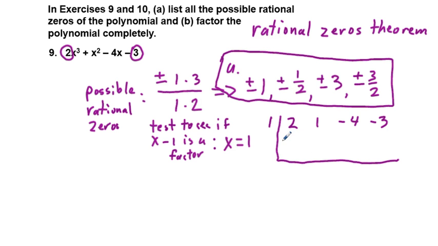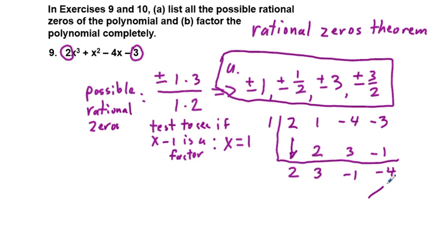If we go ahead and bring down the 2, we have 2x squared. 1 times 2 is 2. 2 plus 1 is 3. 1 times 3 is 3. Negative 4 plus 3 is negative 1. 1 times negative 1 is negative 1. If we add these together, we get negative 4.